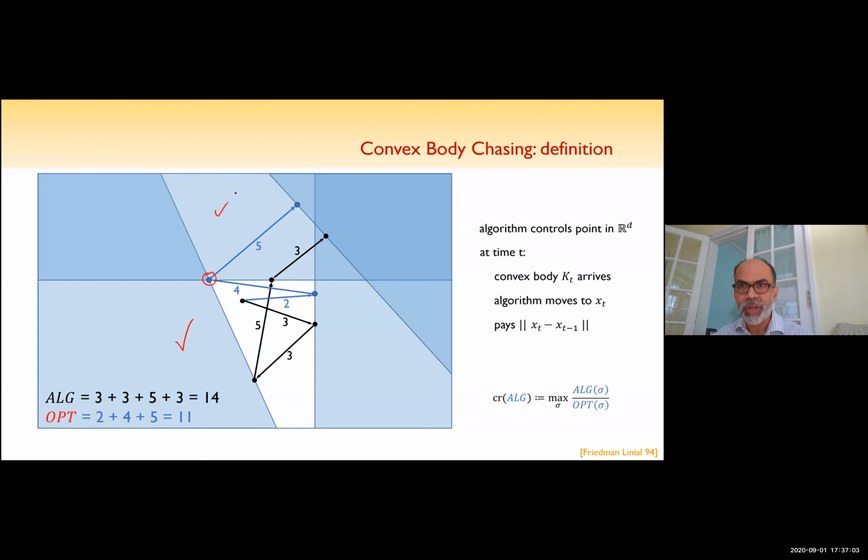So it can be smart about it, but of course it has to handle the requests in the same order. The competitive ratio is, as usual, the ratio between the algorithm's cost and the optimum cost. You look at the worst case and ask what the competitive ratio is. This is the question that Friedman and Linial asked in '94 when they first proposed the problem.